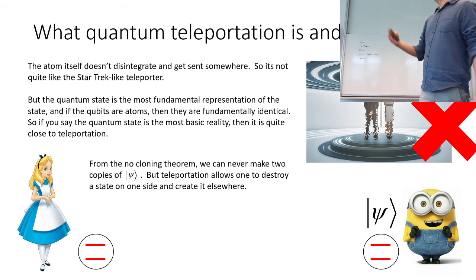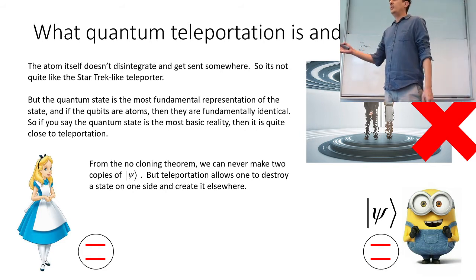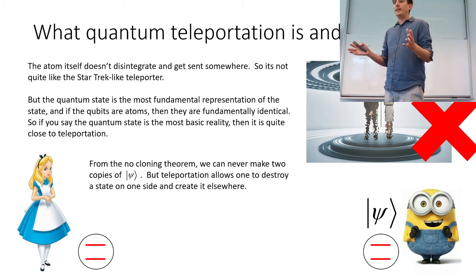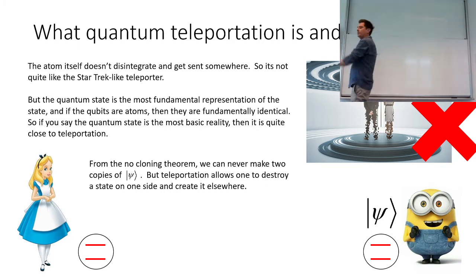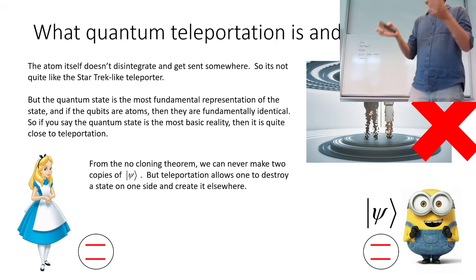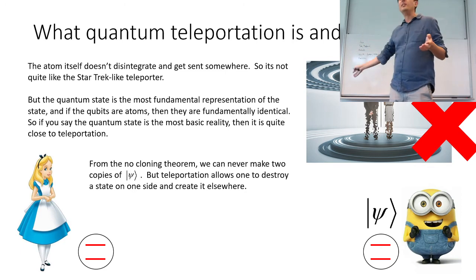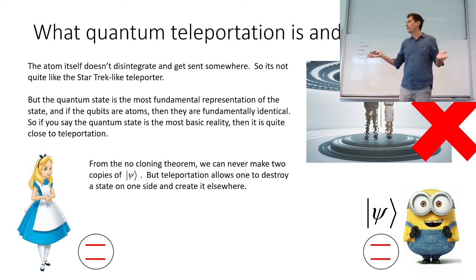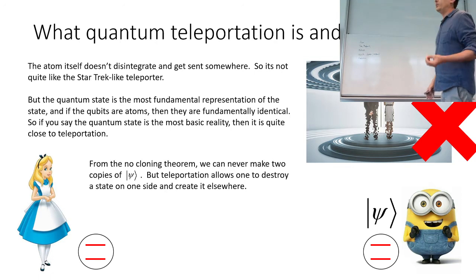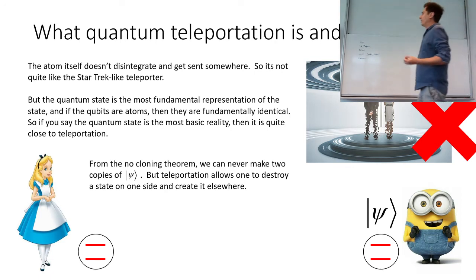A bit like if you're watching a YouTube video, the reality of the video is not the television. The television is just the display, or the computer or your phone. The reality of the video is in the digital information of that video, right? It's not because the TV's there, because you can do it on any TV. If you think of it like that, the state is the real identity of the thing that you're transporting.